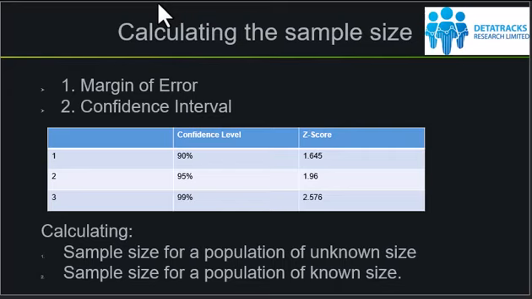Then you find that 68% of women take iron pills. You can be 95% confident that the true number of women who take iron pills is between 66 and 70%. And how do we arrive at this? We just add or subtract 2%.